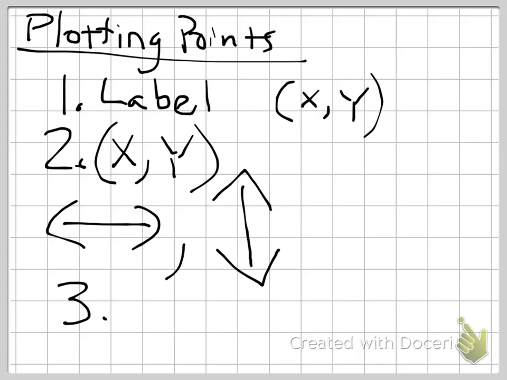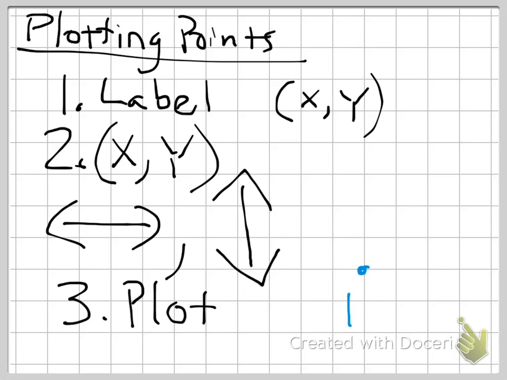The third point, and this one's pretty simple: once I've gone left or right first and up or down second, I need to plot my point. And this comes back to my labeling piece. I'm plotting my point, and I will do this in blue. I need to make sure that I'm plotting my point directly on the corner of my grid lines, because if I've labeled appropriately, I'm going to have a 1 directly on the line, not in the space.